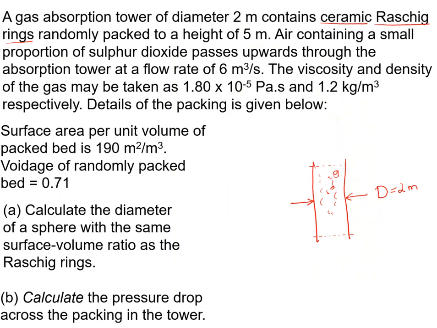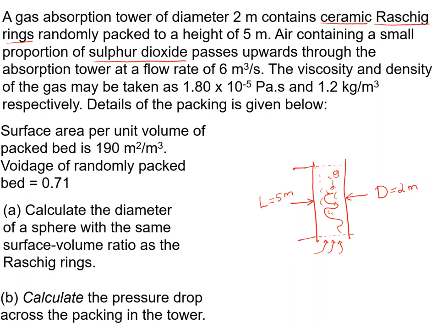The height, or the length of the packed bed, I will just call it L, is equal to 5 meters. Air containing a small proportion of sulfur dioxide passes upwards through the absorption tower. So I am passing air here, going through the Raschig rings. Hopefully we are getting rid of the sulfur dioxide, SO2.